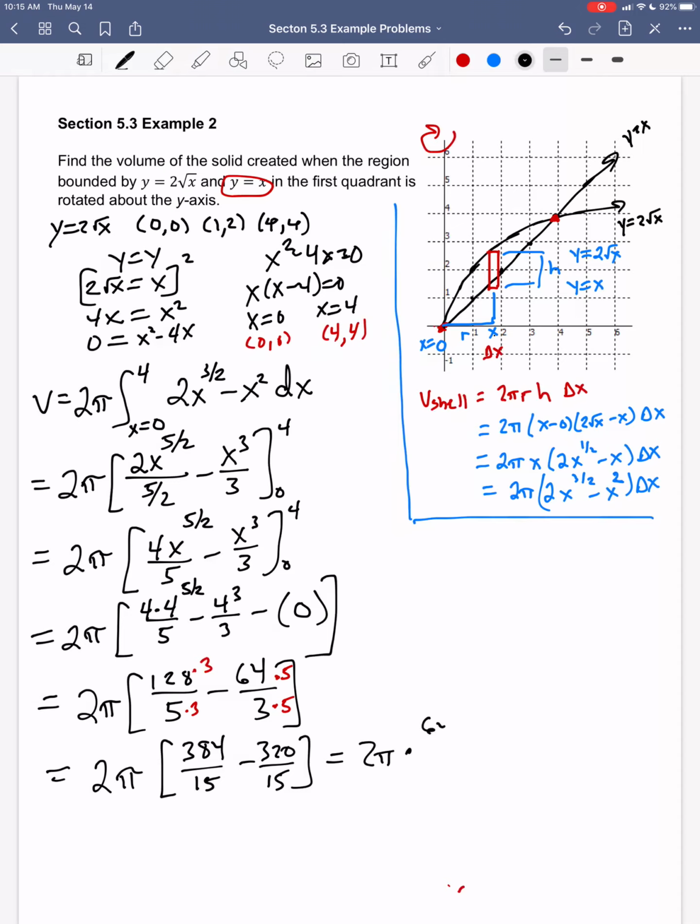So I get 64 over 15. And then I multiply in the 2 pi, and I get 128 pi over 15. And again, if you compare to the example problems I did in section 5.2, you'll see this exact problem, and we get the same answer, but we do it using the washer method instead of this shell method.